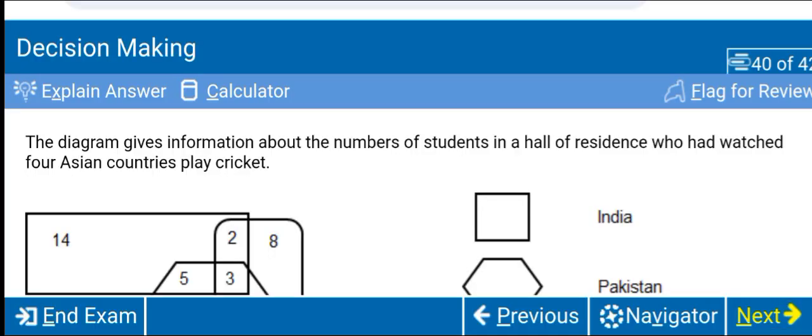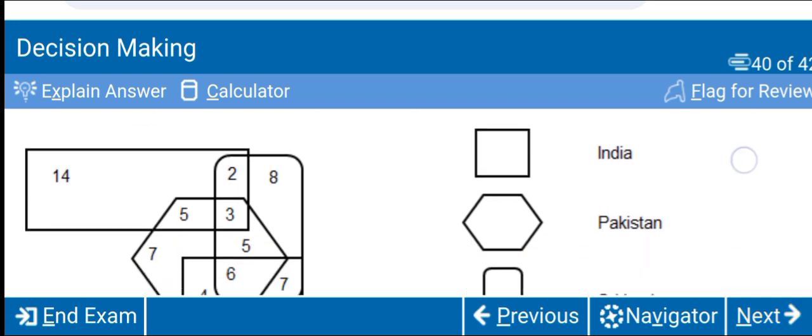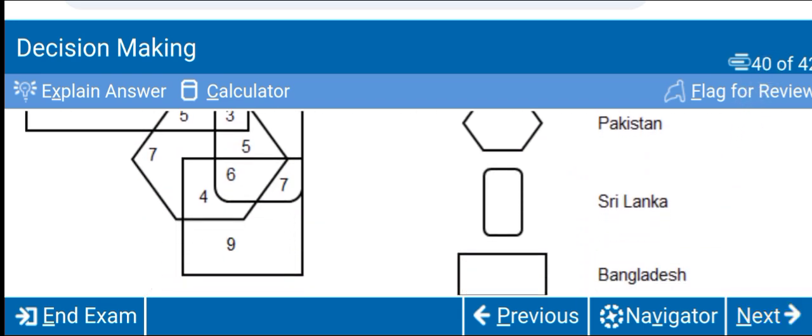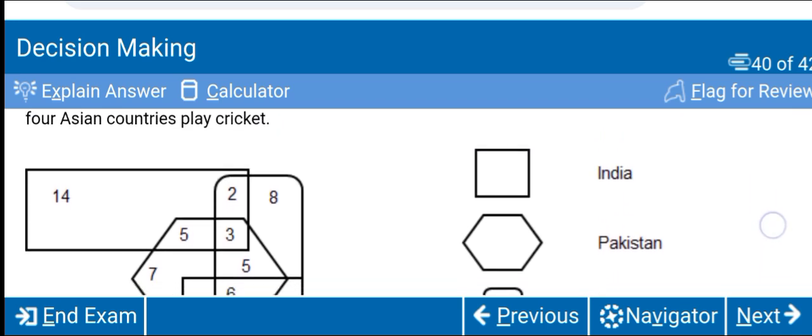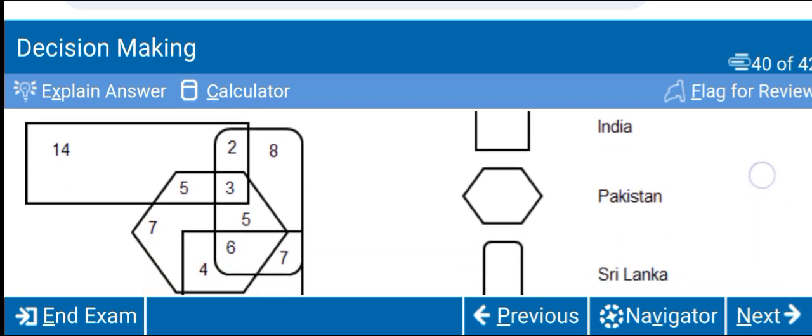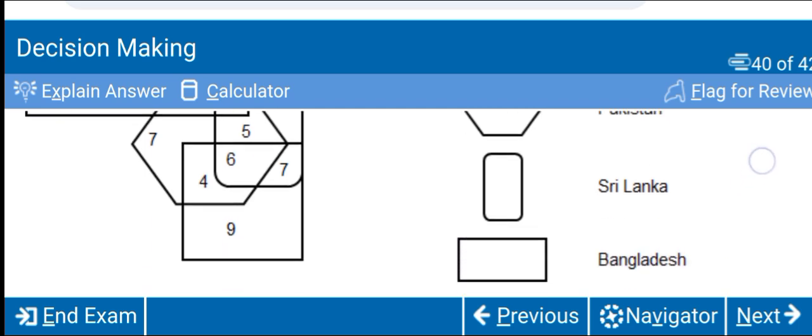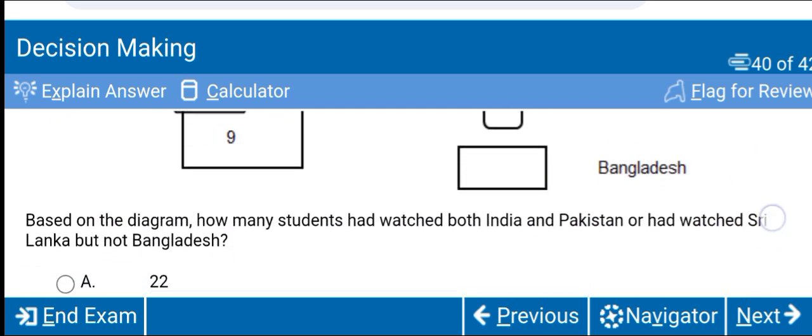Next we have a diagram that gives the information about the number of students in a hall of residence who had watched four Asian countries play cricket. So here we have this diagram, the numbers within these shapes. First represented India, then we have Pakistan, Sri Lanka, and Bangladesh.